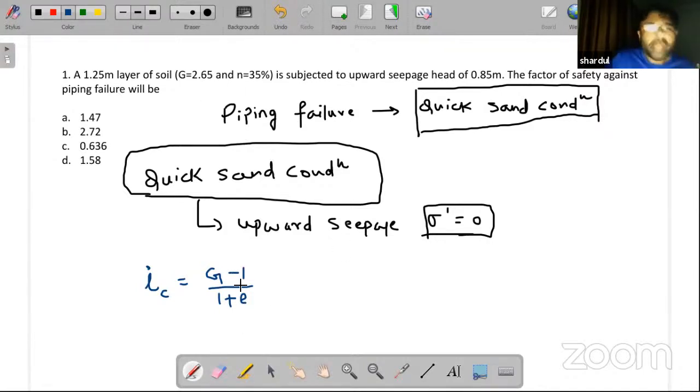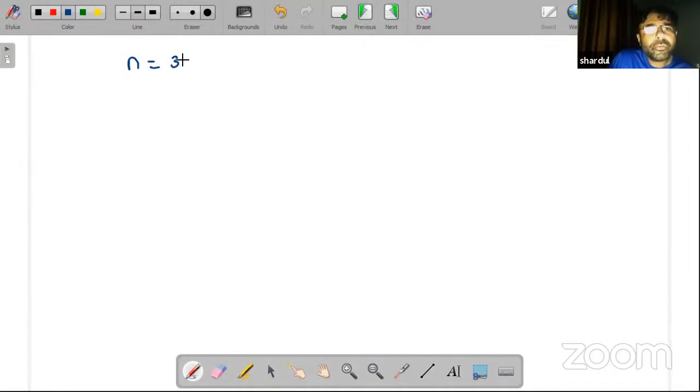So I have the value of G with me, and I can calculate the value of e from the porosity, which has been given. Porosity is 35%, that is 0.35.